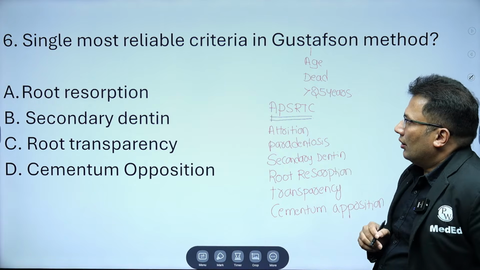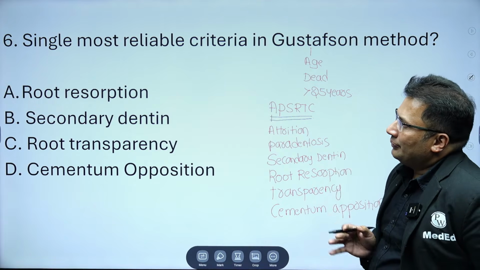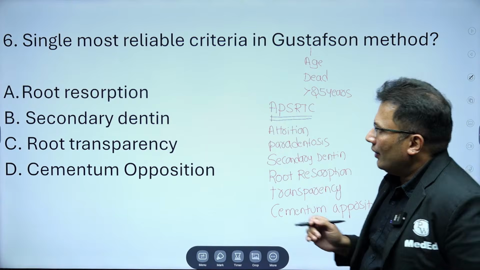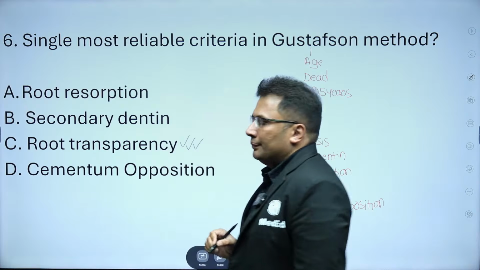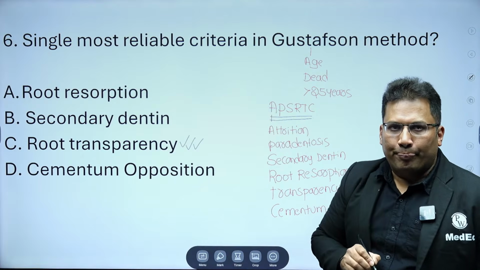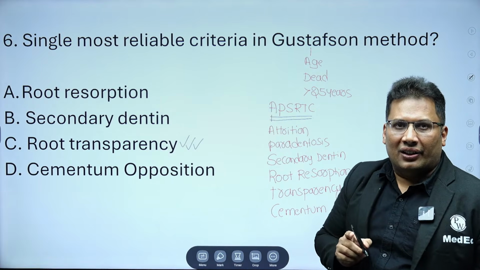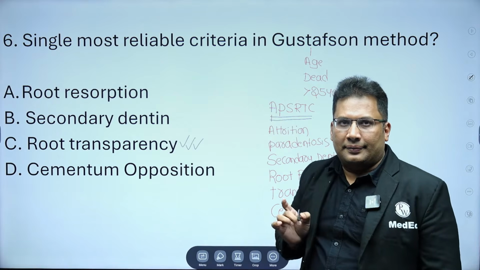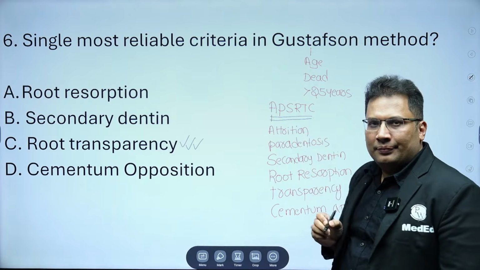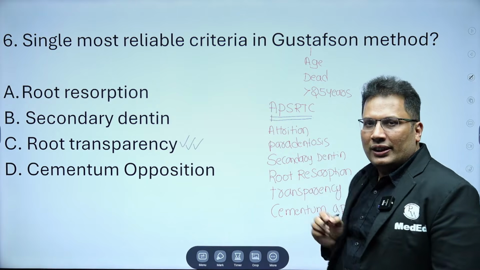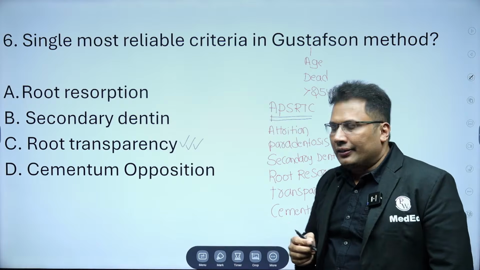So which is the best criteria? Answer is root transparency. Best criteria. Second best criteria, secondary dentin. Attrition is wear and tear. Paradontosis is loosening of the teeth.